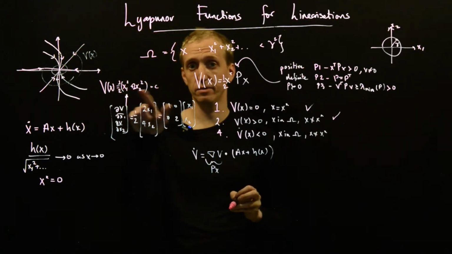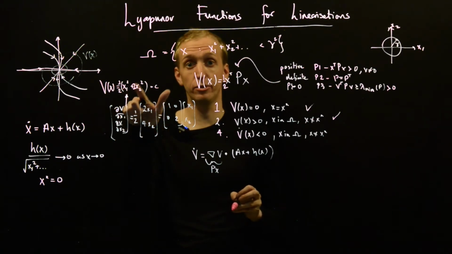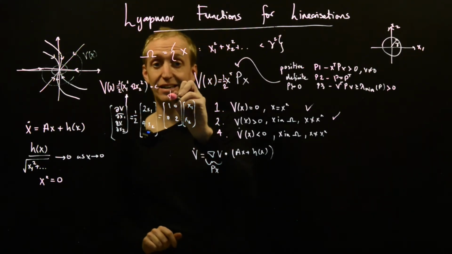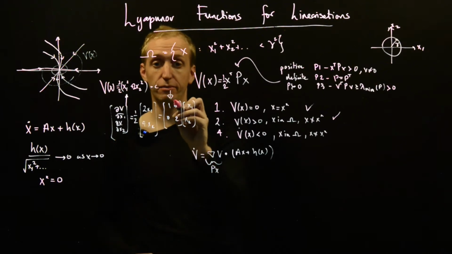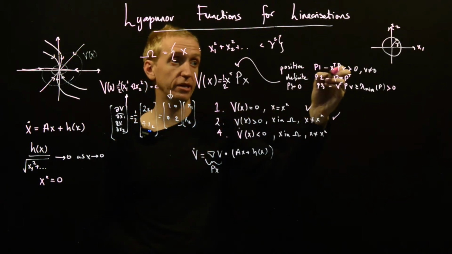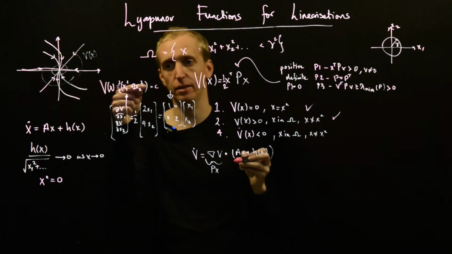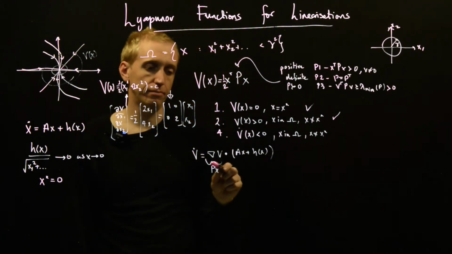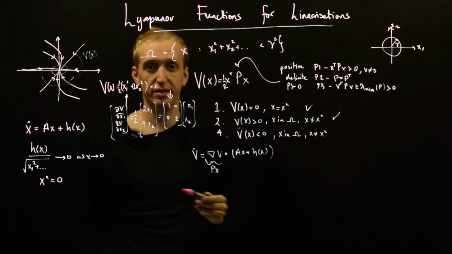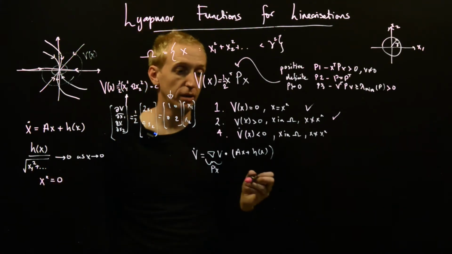And if I was to write this equation here, but with a matrix P in the middle, this is exactly the matrix I would use. So if you use this P and you write out x transpose Px, you get exactly this. So we know the gradient, we've got this, let's just keep on computing.